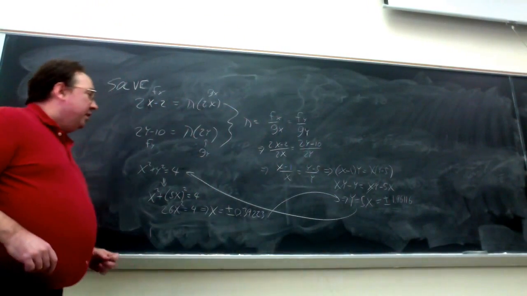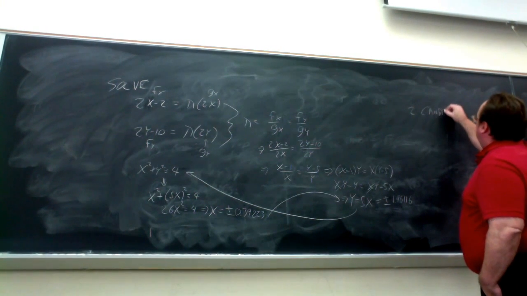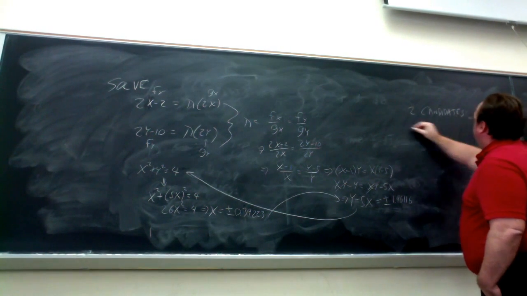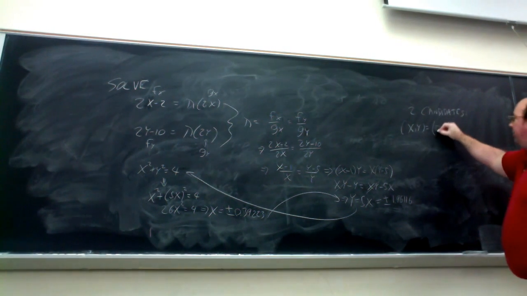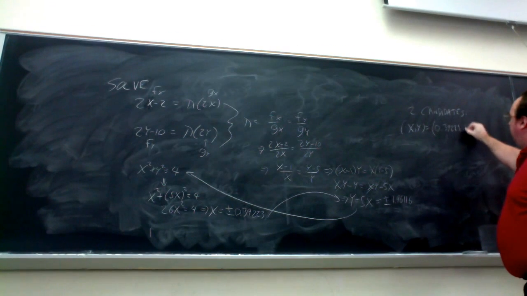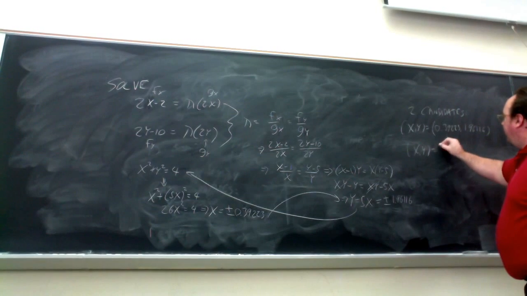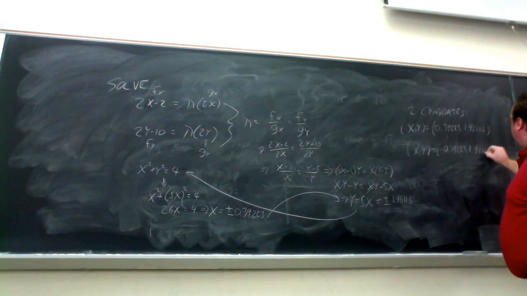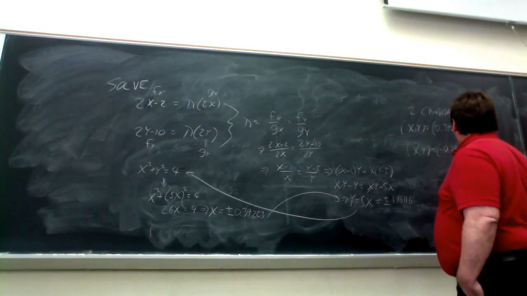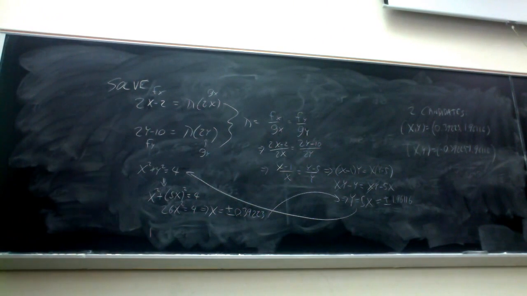So now we have two candidates: x, y from the positive square root, and from the negative square root. So both positive or both negative. Are there any questions about how these were obtained?